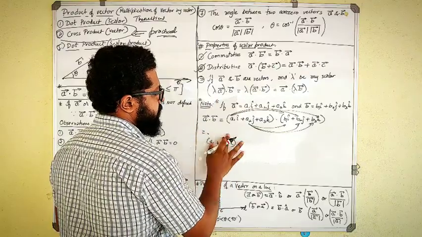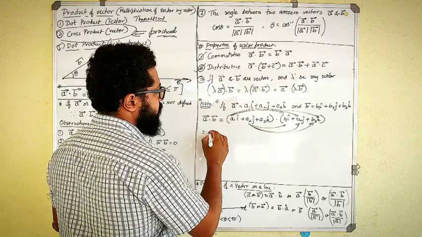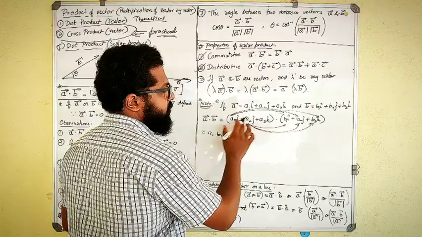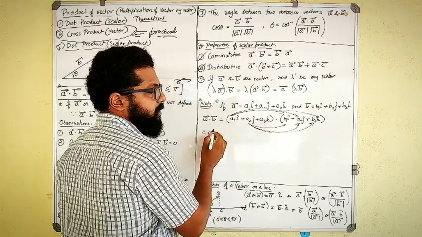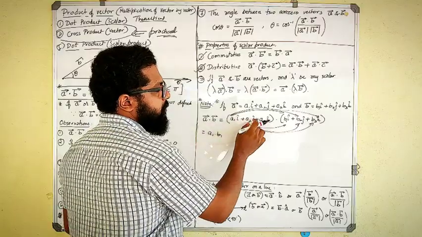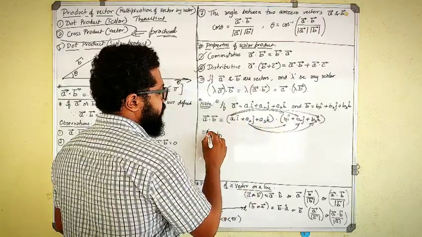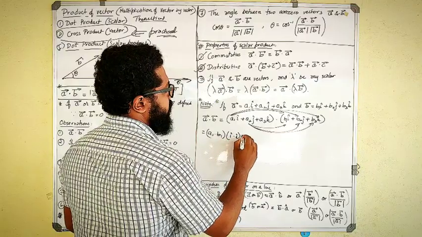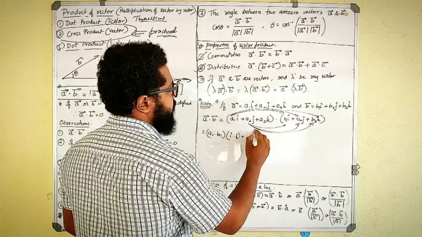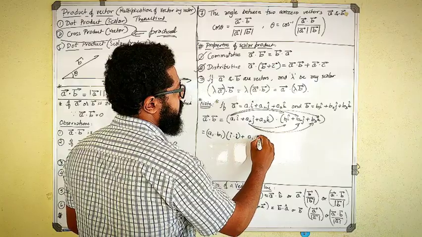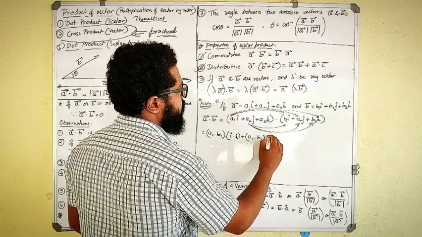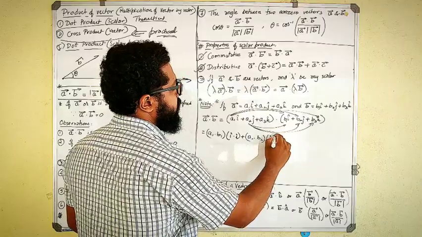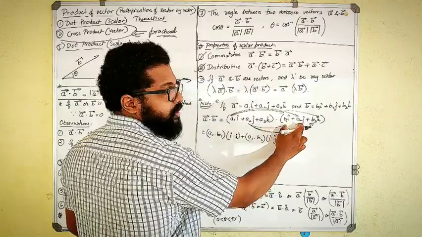Same way, I will just write these things in detail. What I'll do is A1 B1. These are numbers. Don't forget, don't write them as vectors here. These are the components, the numbers given in the question. So let them be as they are, and here it will be i cap dot i cap, plus the next one, A1 B2 into i cap dot j cap.